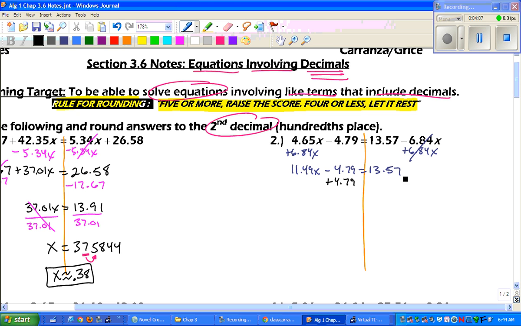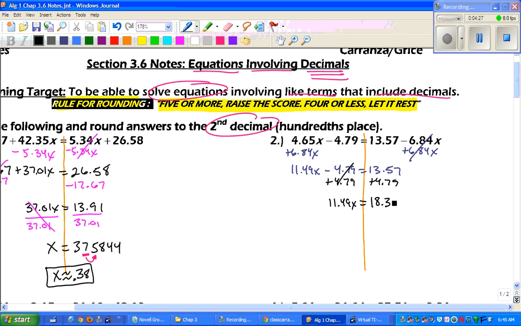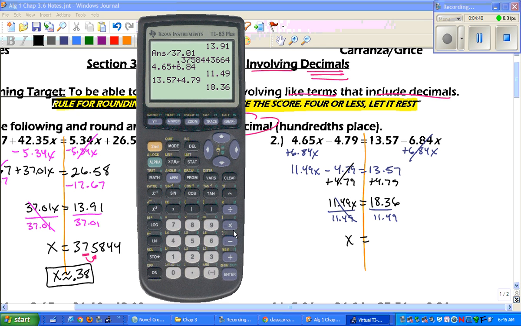I'm going to get rid of the 4.79 because those cancel. And then we're left with 11.49x equals 13.57 plus 4.79, and that equals 18.36. I've got to divide by 11.49, and we're left with x equals 18.36 divided by 11.49, 1.597.